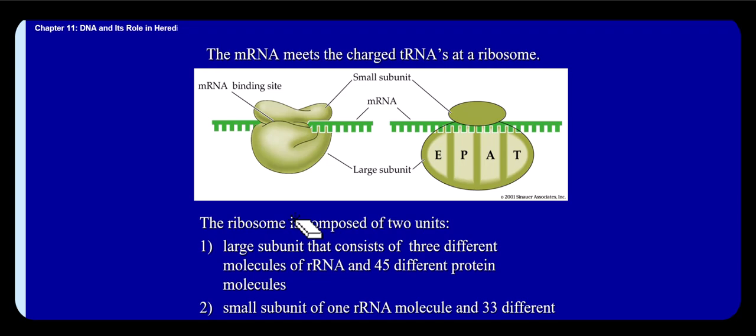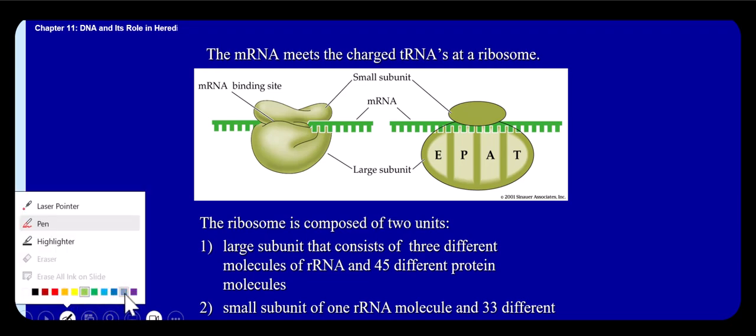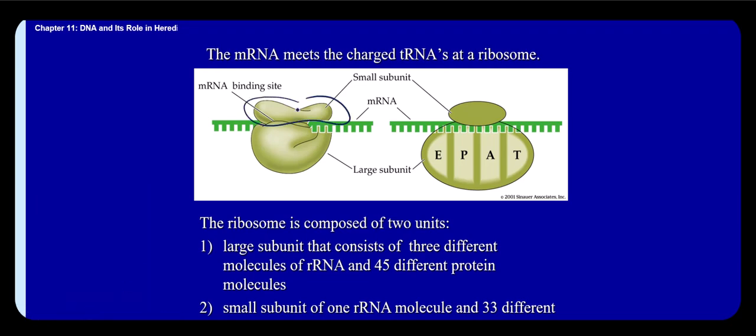So then what we're going to do is we're going to take this story to the ribosome. So our little blobs on here are a ribosome, and our ribosome has a large subunit and a small subunit. So I have my small subunit, I have my large subunit. Same thing here, small subunit and large subunit.